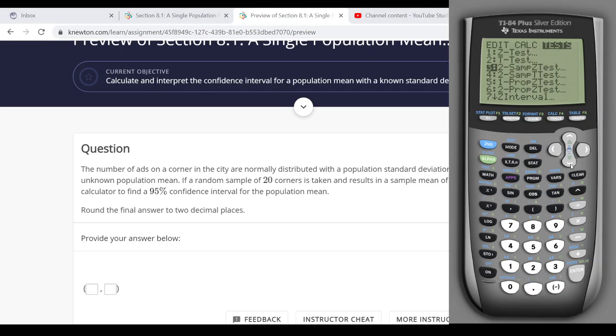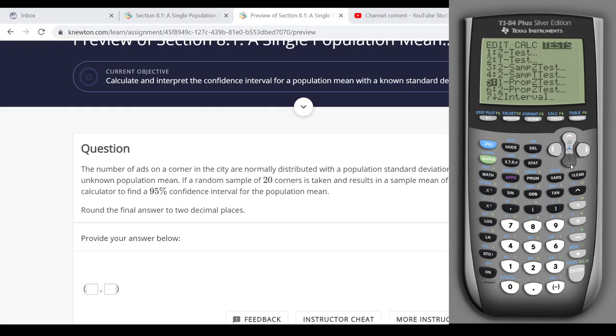One population mean, and sigma is known. Now, if you recall from earlier objectives in this section, because sigma is known, in order to calculate the margin of error for our intervals, we ended up having to find some sort of z-score, right? There was a z-score, that z sub alpha over 2.